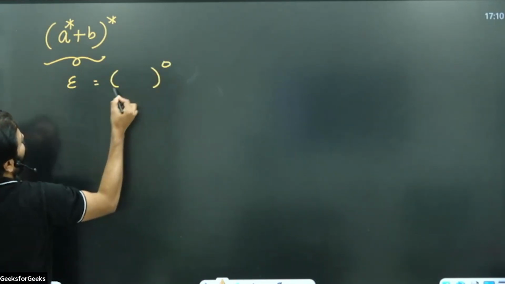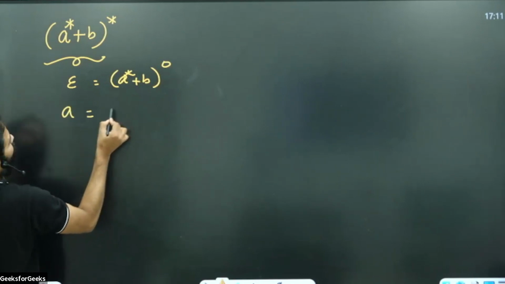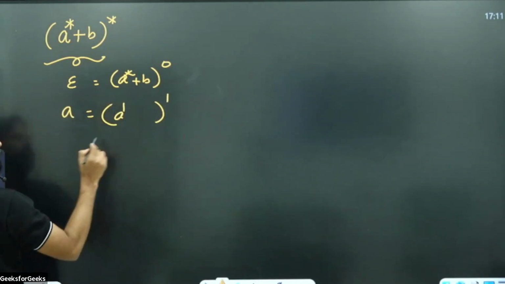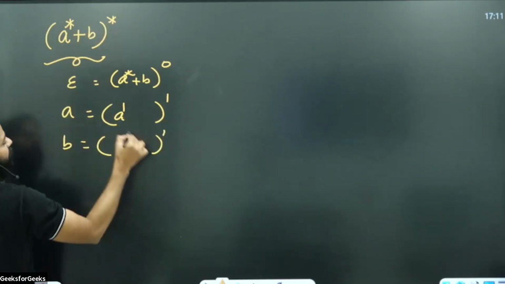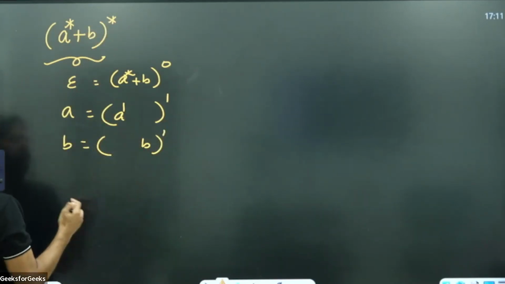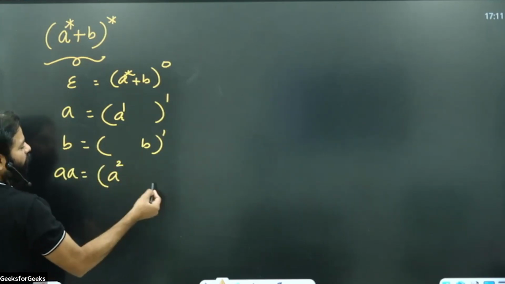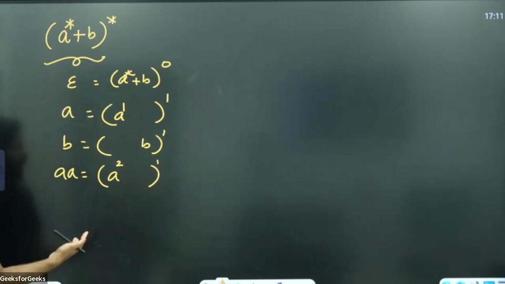Power 0. Doesn't matter what you put inside. Can I have 1 A? Power 1, put A power 1. Because there are two choices, you can take anything. Can I get AB? I can take A power 1 and in that just take a B, because you can go any side. Can I get double A? I can take A square and not go the other side, because plus means any side is fine. Power 1. You got it, right?